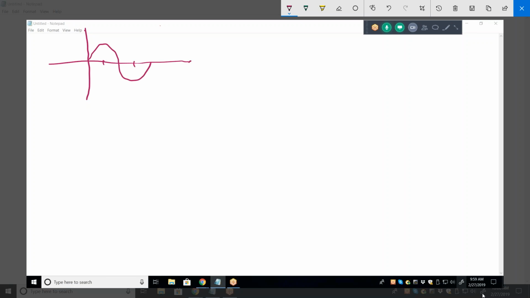That is y equals sine x, and this is y equals cosine x.